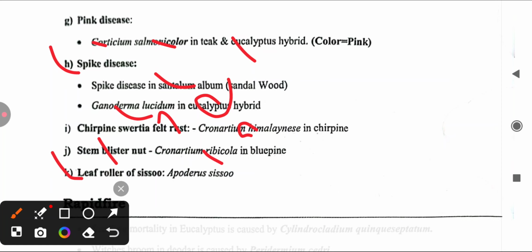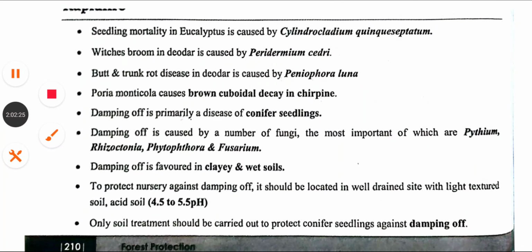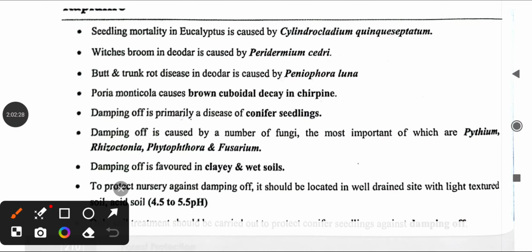Leaf roller of Sisso, Apoderus sissoo. In rapid fire, seedling mortality in eucalyptus is caused by Cylindrocladium quinqueseptatum. Blight in Deodar is caused by Peridermium cedri.